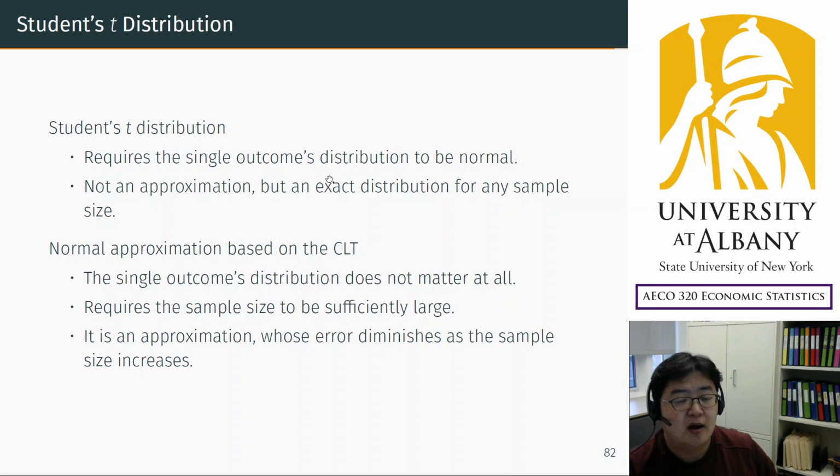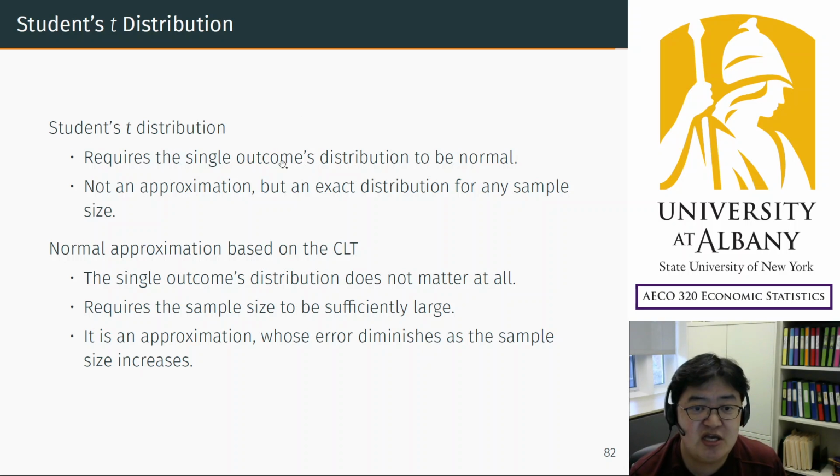So a little bit more technical discussion about the difference. The Student t distribution requires a single observation's distribution to be normal, which is very, very strong. But remember, the central limit theorem does not require any distribution for the underlying single observation. In the previous chapter, we considered dice or unfair dice.